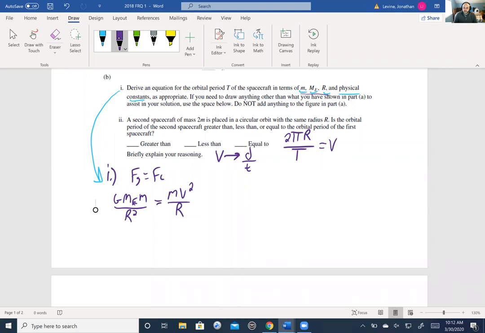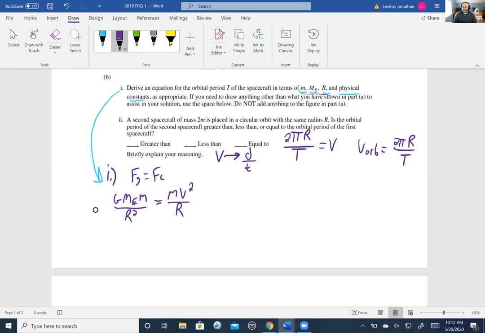Now, what we're really denoting here is that we're trying to figure out our v orbital, and then relating it to our period. It's really equal to 2 pi r over t. That's another way to think of it. You could solve for v first, or you can substitute in whatever's easiest for you.